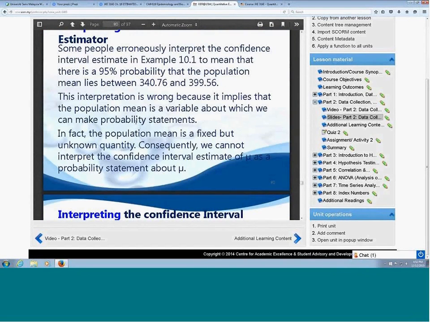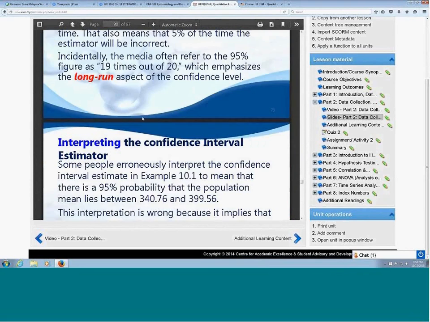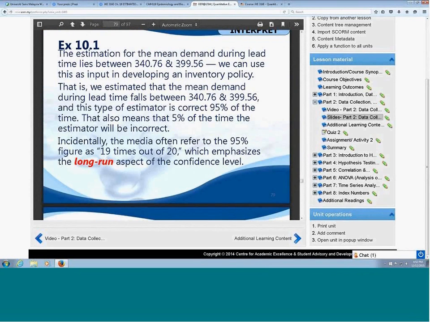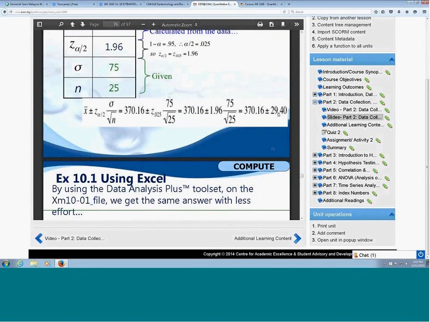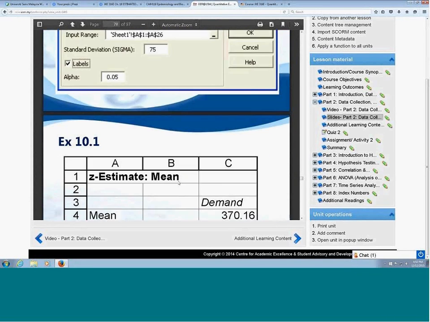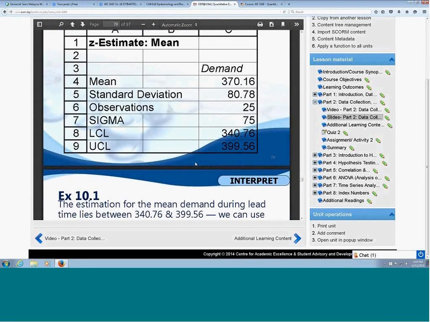When it comes to the interpretation, the answer just now, 370 plus 29, roughly 370 plus 30, becomes 400. 370 minus 30, roughly we are talking about 340. Roughly, you try to maintain 2 to 4 decimal places.